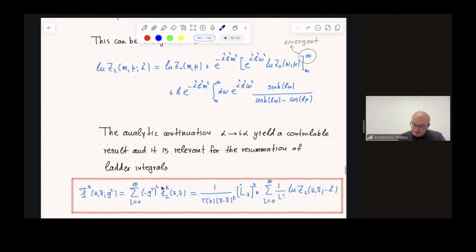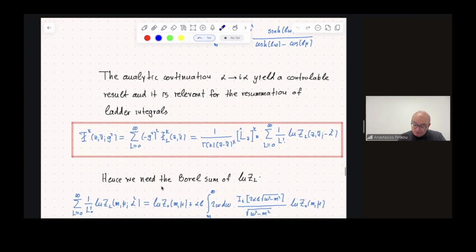Okay. But if I wanted to sum, instead of the partition functions and the free energies, the graphs, the integrals, the summation involves minus g square. For reasons, if you do the calculations, you will find it.